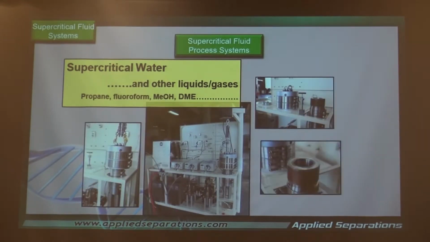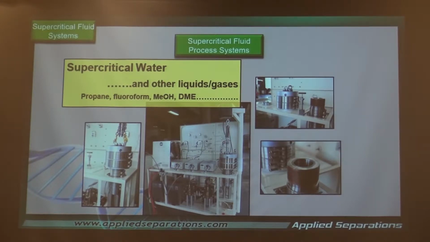You can make anything supercritical. We do a lot of work mostly in supercritical carbon dioxide, but water can be made supercritical. We can deal with supercritical propane, supercritical DME, dimethyl ether, fluoroforms, methanol; all of these can be made supercritical. We just have to pick the right conditions.